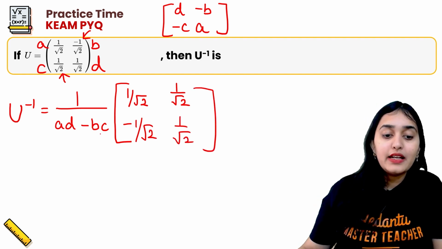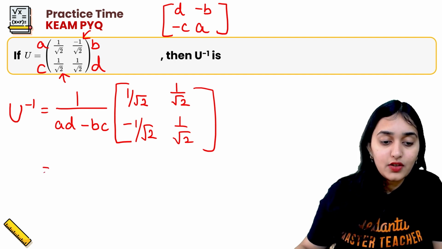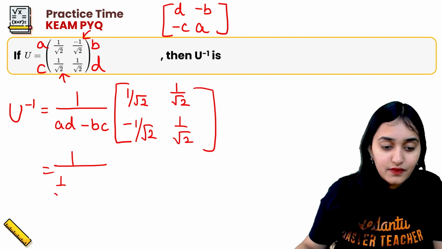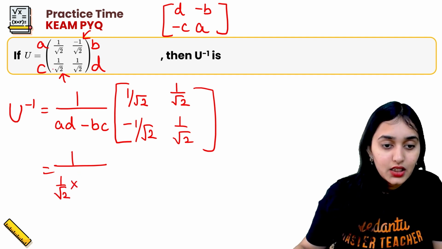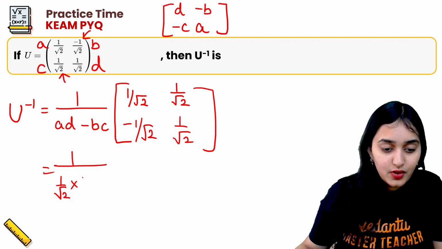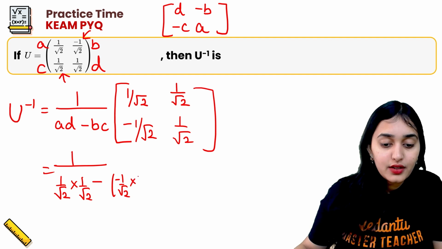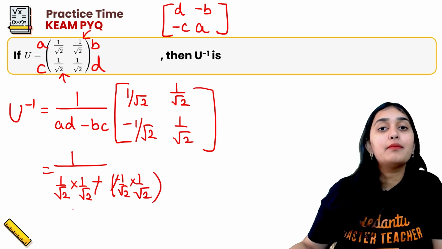Okay. Now let us put AD and BC. What you will get? 1 upon AD minus BC. So A is 1 upon root 2 into D. D is 1 upon root 2, minus BC. So minus 1 upon root 2 into 1 upon root 2. So minus of minus will become plus.